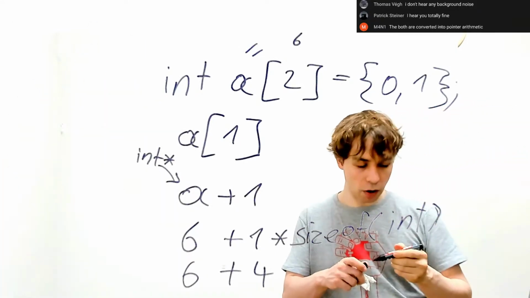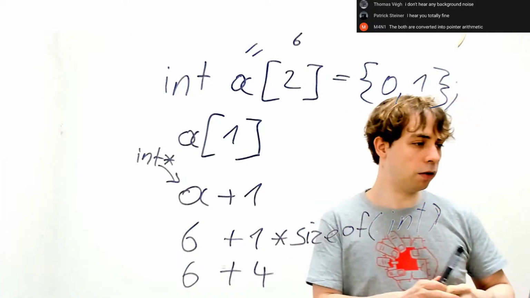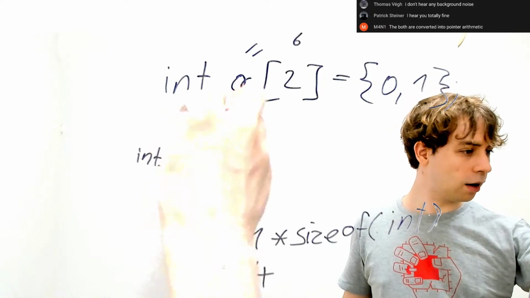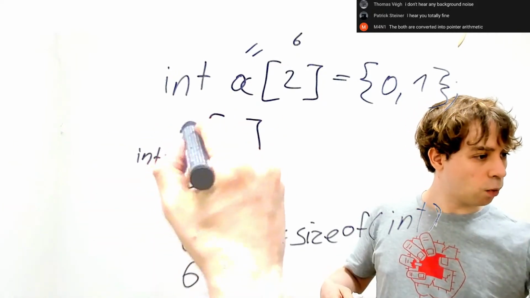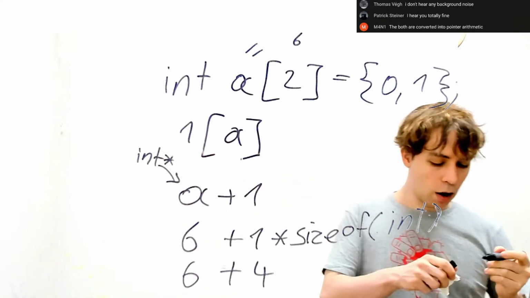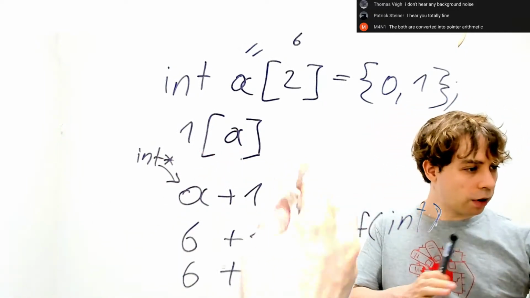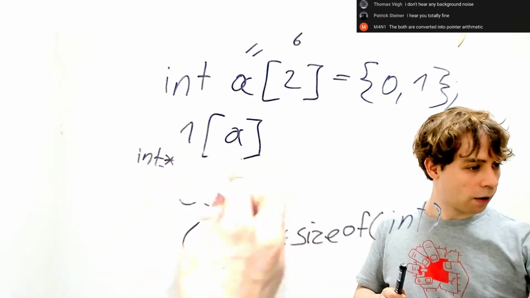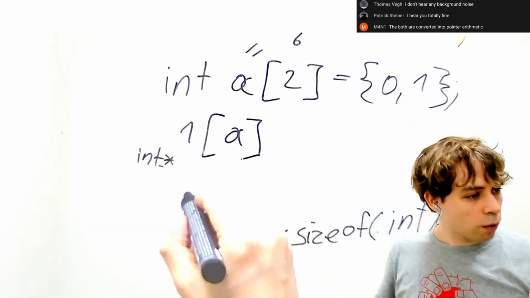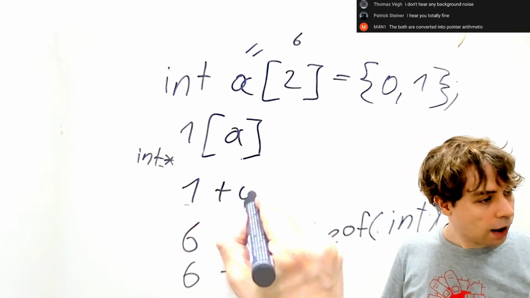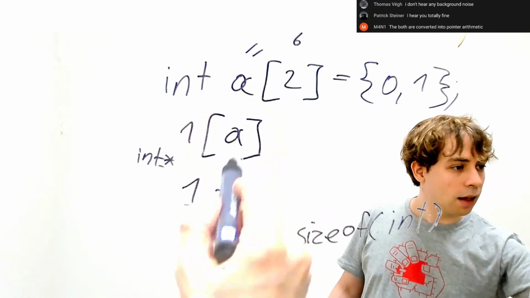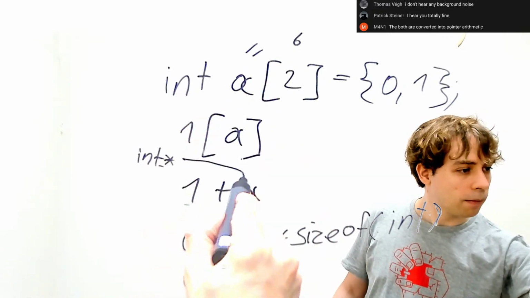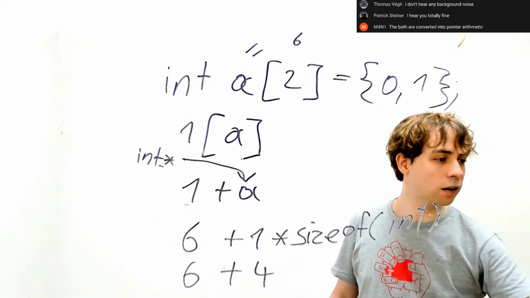Now let's turn this around again, just so that we also have done this correctly in the lecture. I will turn this around, and now I will access 1 at offset A. And now you will probably already see what is happening here. So now I have 1 plus A. But the variable A is still defined as an integer pointer.